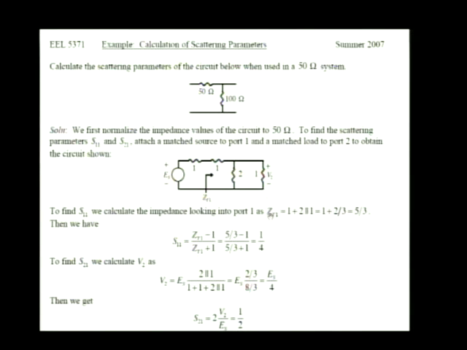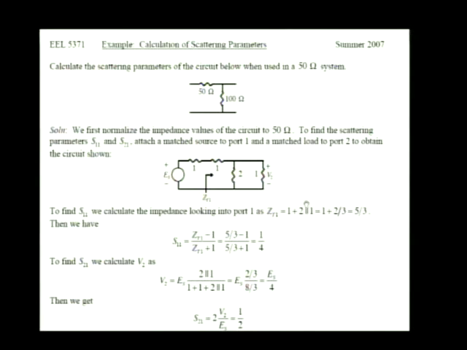And that student would say, well, the input impedance looking into these terminals is equal to a series combination of this 1 ohm resistor in series with a parallel combination of a 2 ohm and a 1 ohm resistor. This is the way I write that result. It's the input impedance is 1 plus, for the series connection, 2 in parallel with 1.